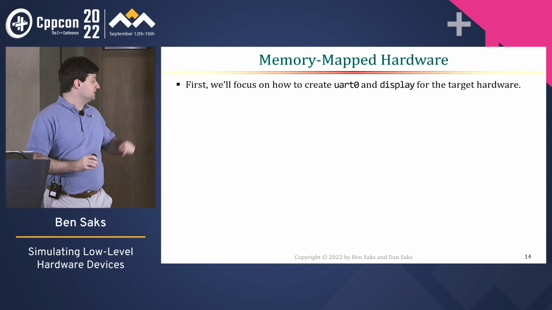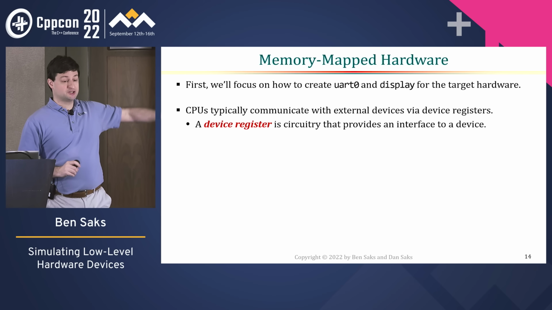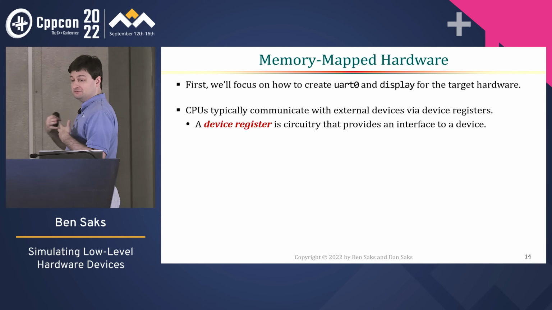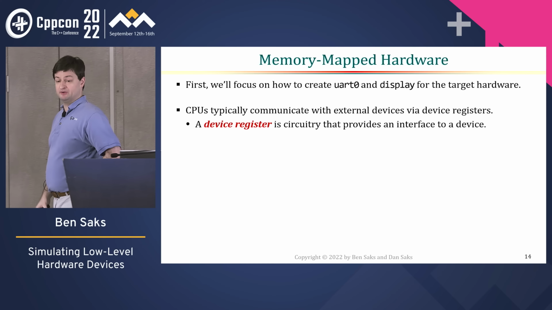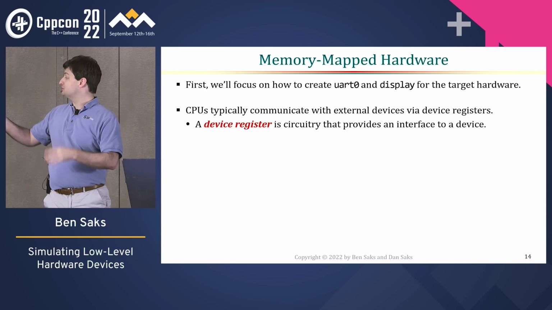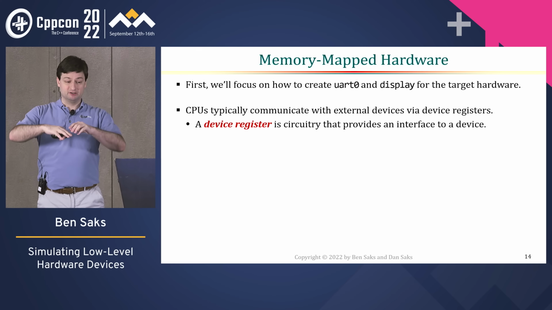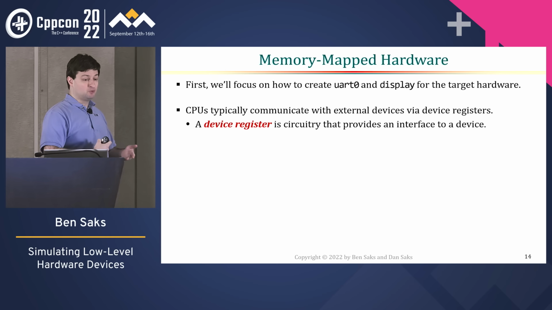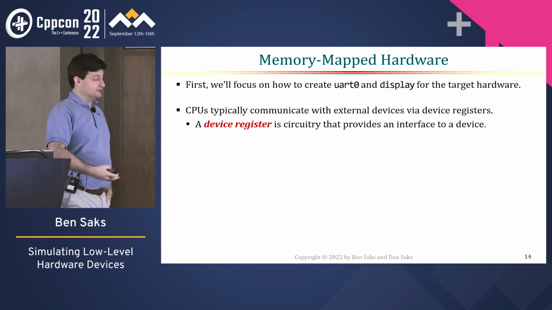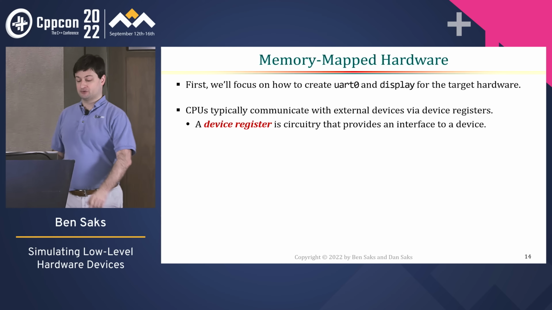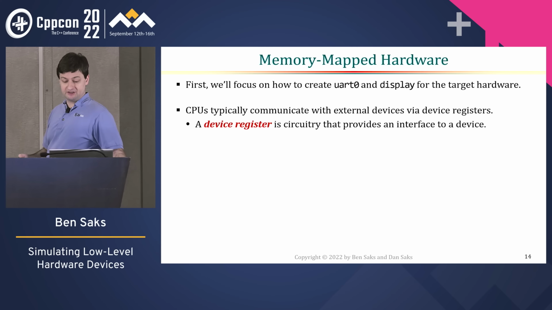So just a little bit of background here to make sure we're all on the same page. CPUs typically communicate with external hardware, and when I say external hardware here, that can still be on the board, just outside the CPU, via hardware device registers. A device register is some piece of circuitry that provides an interface to the device.